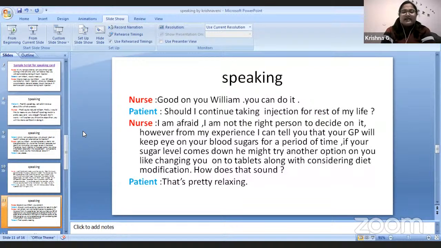However, from my experience, I can tell you that your GP will keep an eye on your blood sugars for a period of time. If your sugar levels come down, he might try another option on you, like changing you onto tablets along with considering diet modification. How does that sound? That's pretty relaxing.